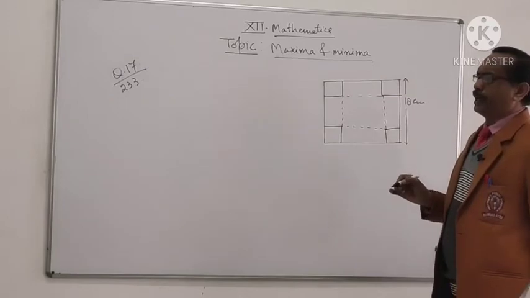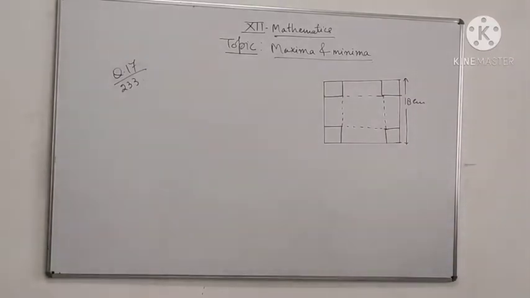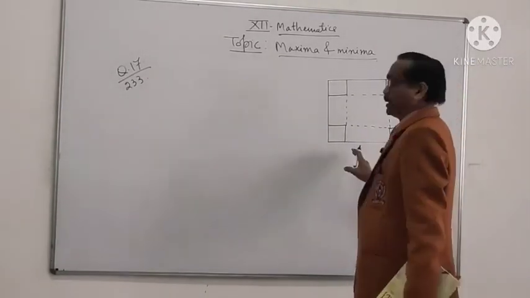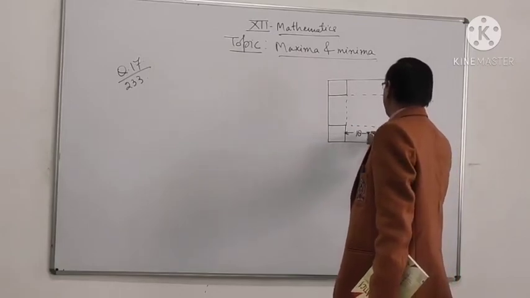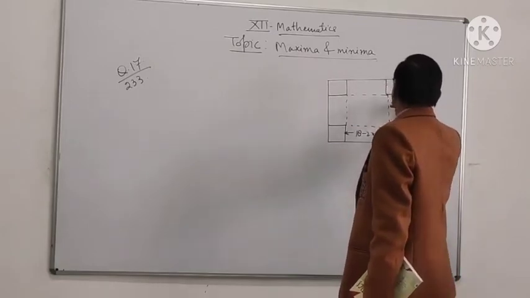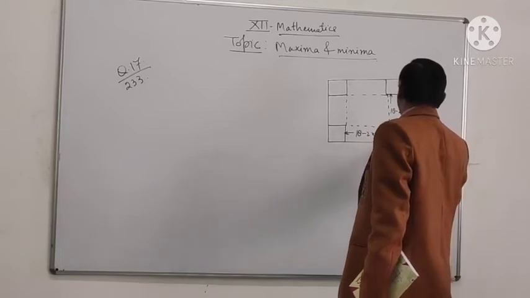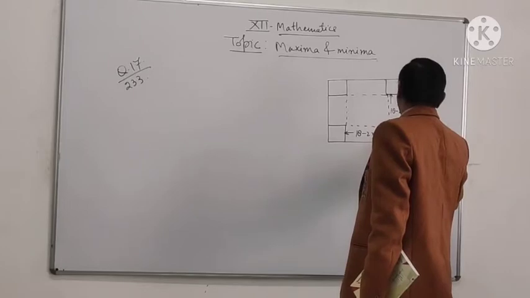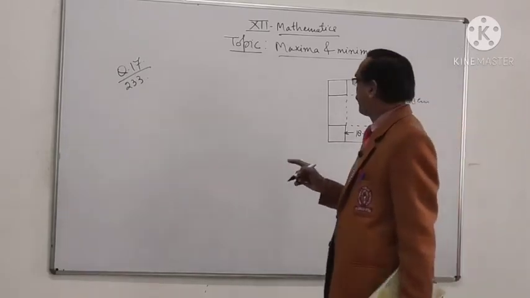There is an open box. Student, this box has the length 18 minus 2x and this way is also 18 minus 2x. We have to cut a square of side x from each corner of the square.